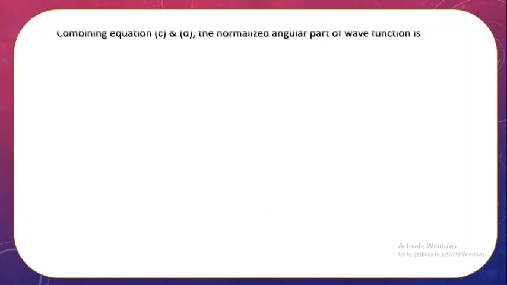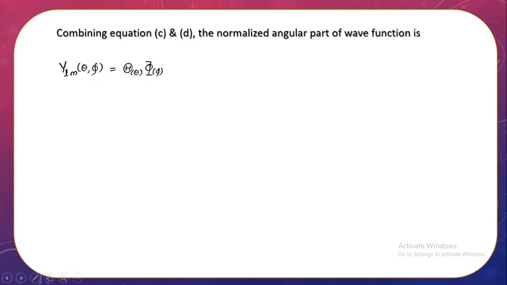Next, coming to the actual part, we need to find the solution for the angular part, and the angular part consists of the theta solution as well as the phi solution. We need to combine these two. When you combine equation C and equation D, we get the normalized angular part of the wave function.